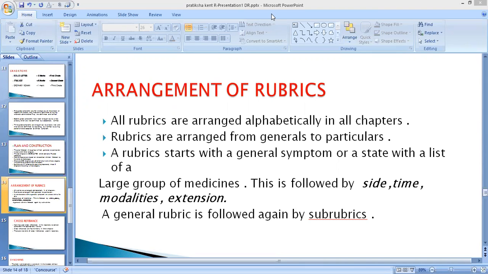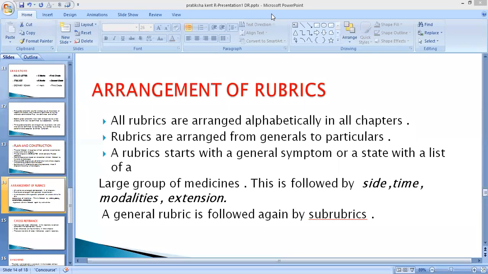In this way, if there are any symptoms related to a particular time, we find that symptom in a particular order in the repertory. Then modalities.